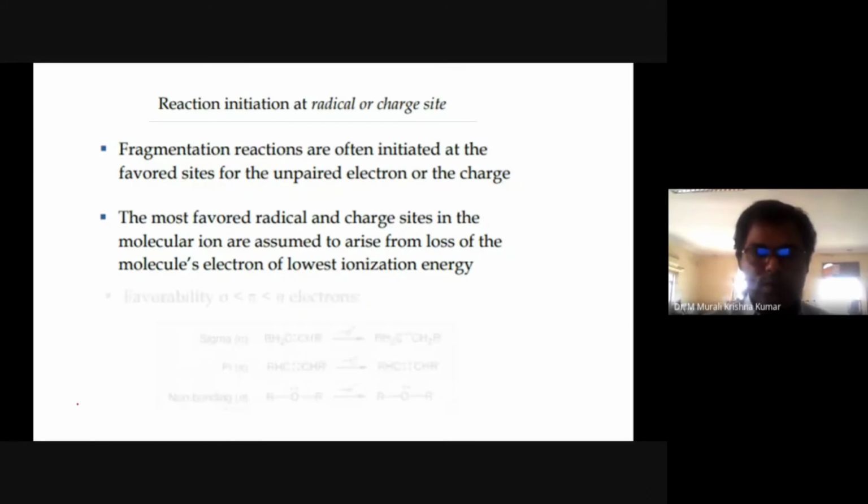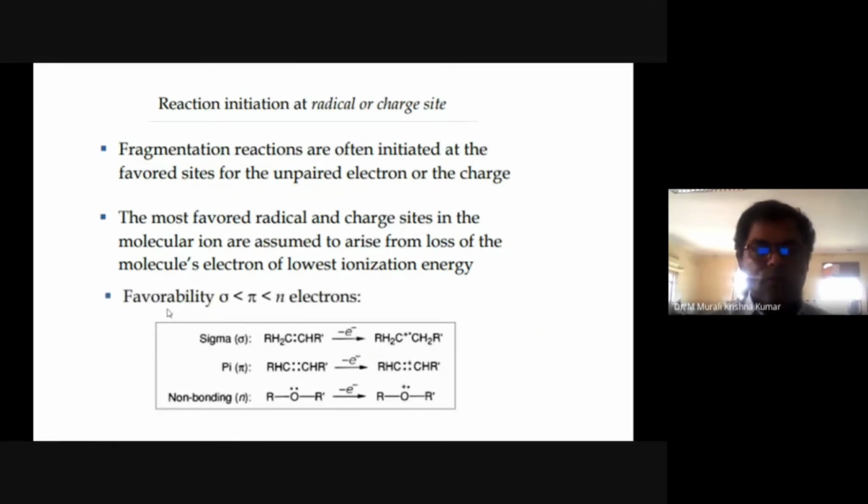The next one is the favorability of electrons: the unpaired electrons or non-bonding electrons, then pi electrons, and then sigma electrons. Non-bonding electrons found on oxygen, nitrogen, sulfur, or other heteroatoms are the electrons favored for removal in order to ionize the molecule.